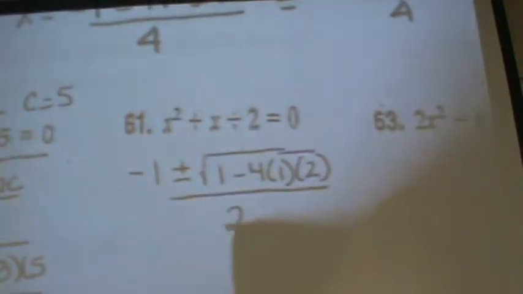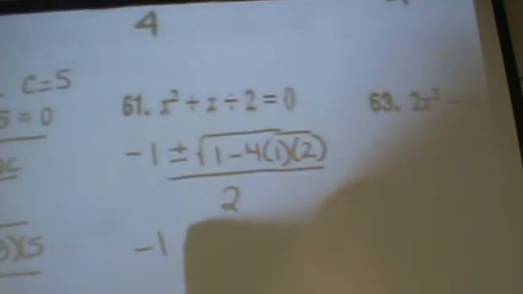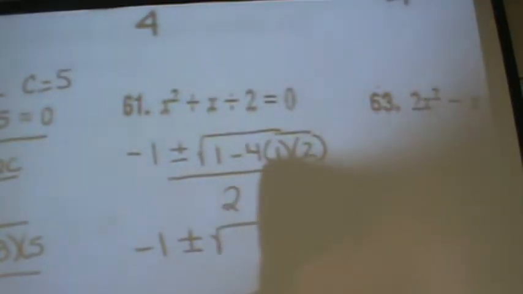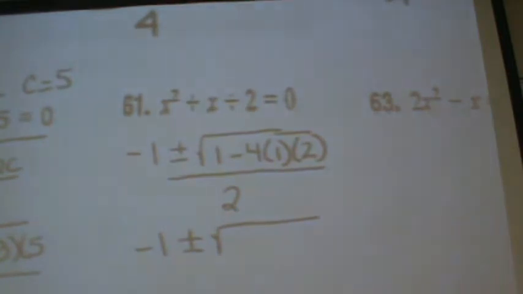The next one, the quadratic formula, it's in standard form. It's the opposite of B. B is 1. So negative 1 plus or minus the square root 1 squared minus 4 times 1 times 2. All over 2 times 1, which is 2. So this is negative 1 plus or minus, this is 8, 1 minus 8 is negative 7.